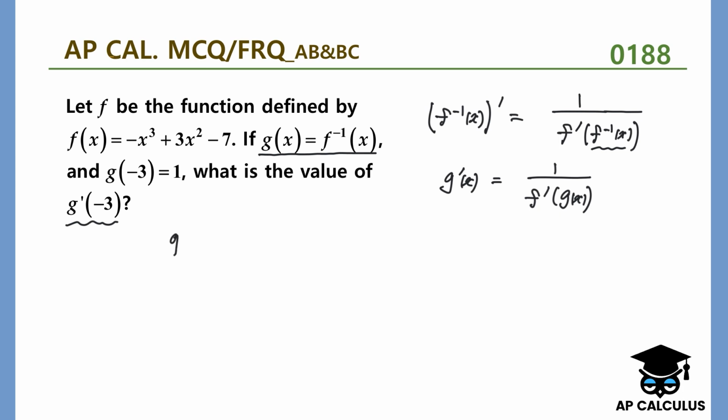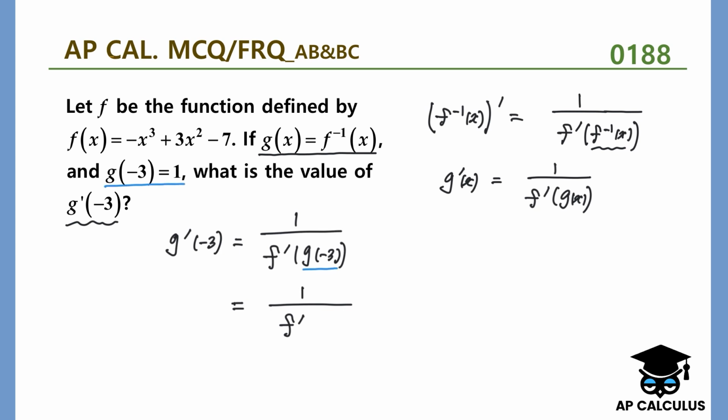So g prime of negative 3 is equal to 1 over f prime of g of negative 3, right? So far so good. So that is equal to 1 over f prime of, here g of negative 3, that's given, that's 1, right? So f prime of 1.